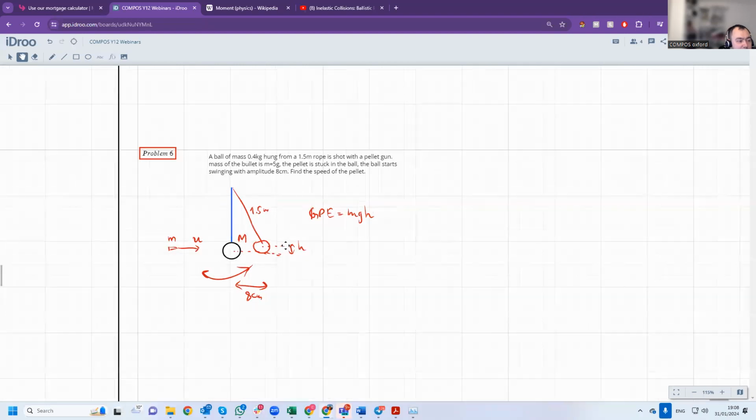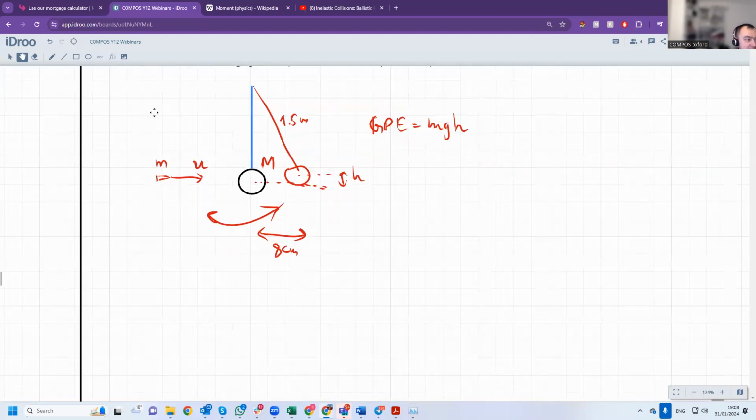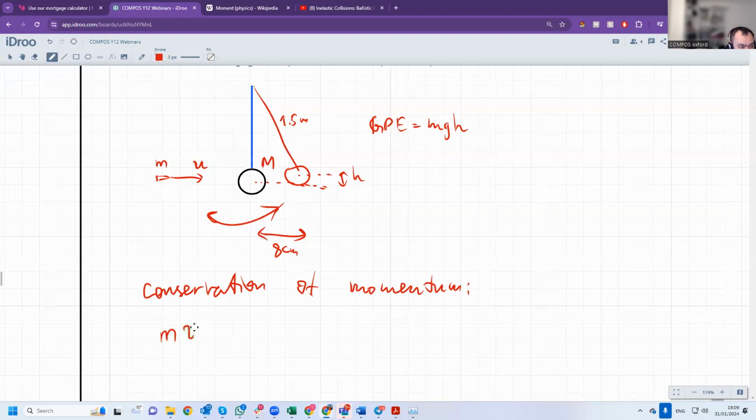Okay, so where do we start? Well, we start from conservation of momentum. Initially the momentum is mu. That's easy.